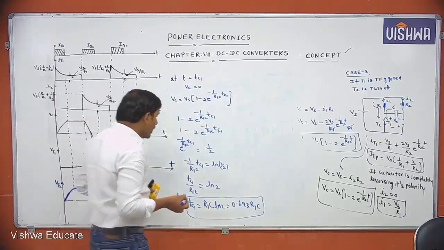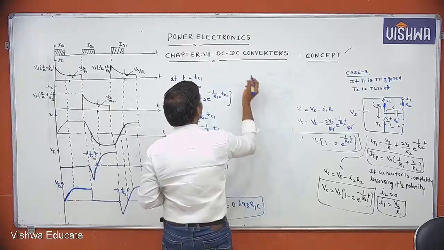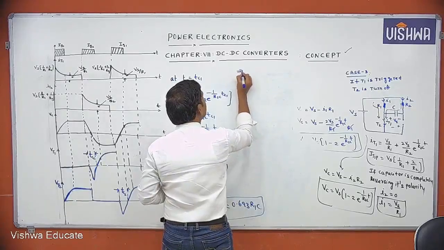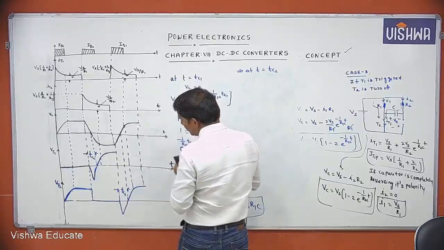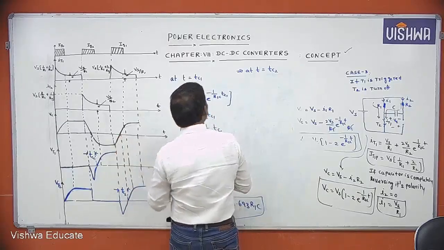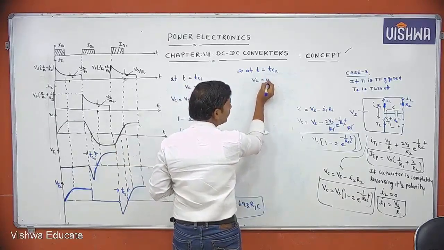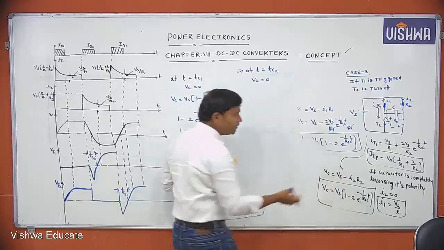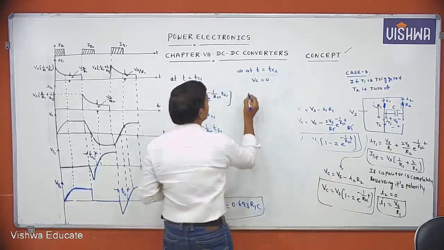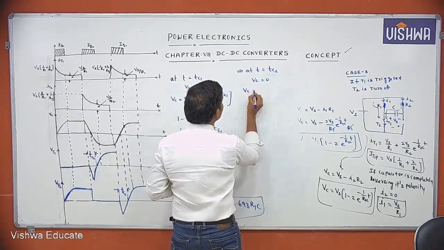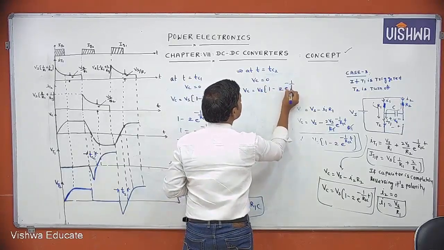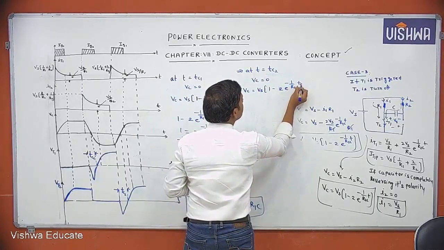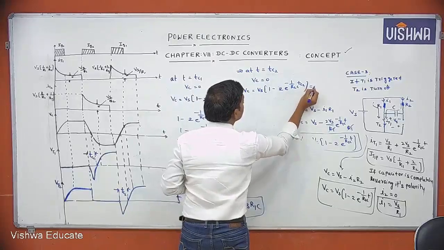Similarly, you want to calculate the circuit turn off time of T2. At t equal to Tc2 also, what is the capacitor voltage? 0. Then you take this equation because you want it with respect to the T2 thyristor. Vc equal to Vs into (1 minus 2 into e power minus Tc2 by R2C) equals 0.